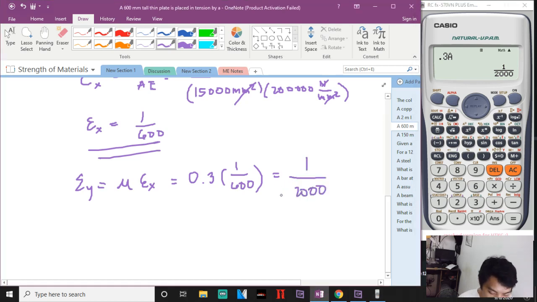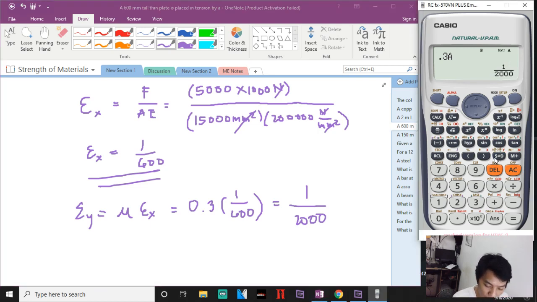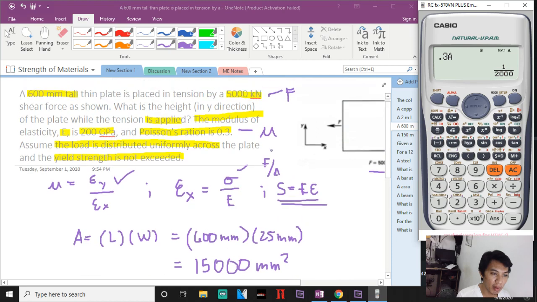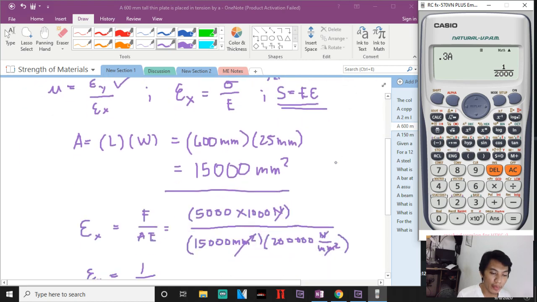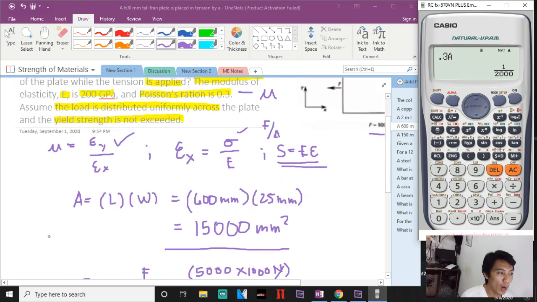Ano pang gagawin natin dyan? Okay? Tingnan natin ano lumabas. 0.5. Okay, so ito yung naging strain sa lateral mo. And that is pwede nating gawin to find Y. Okay?